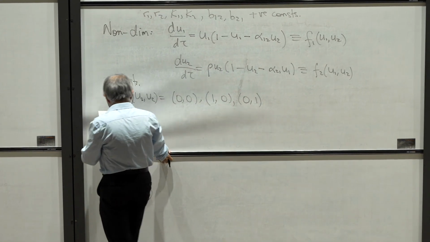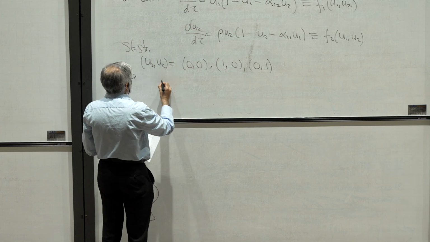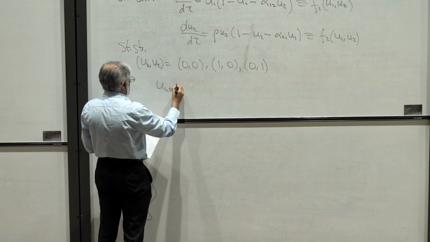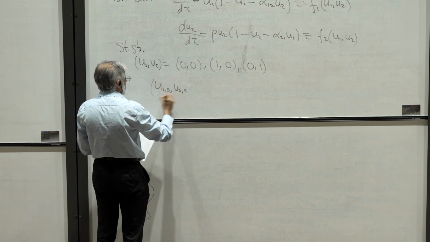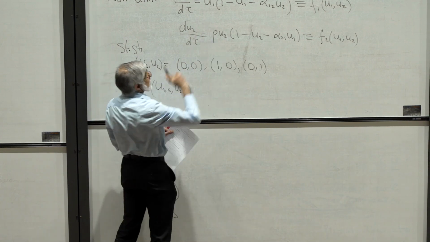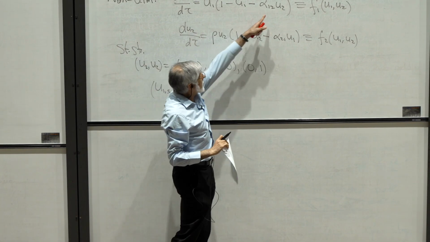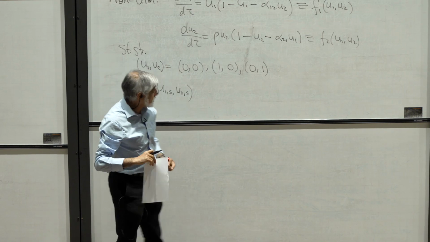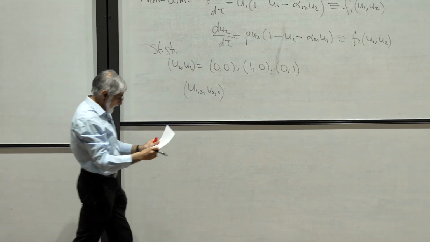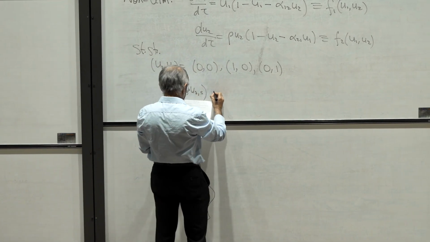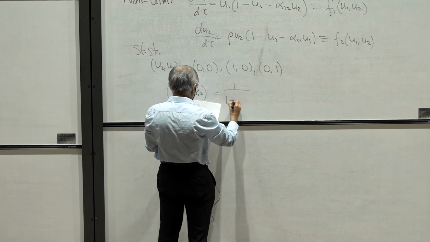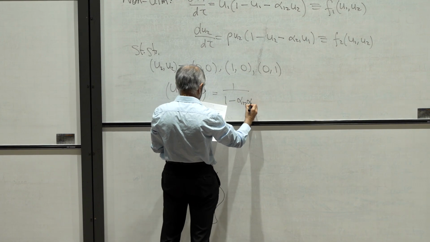And the only nasty one is where neither is 0, and therefore you've got two simultaneous linear equations to solve, and that gives you this. I leave you to check this.